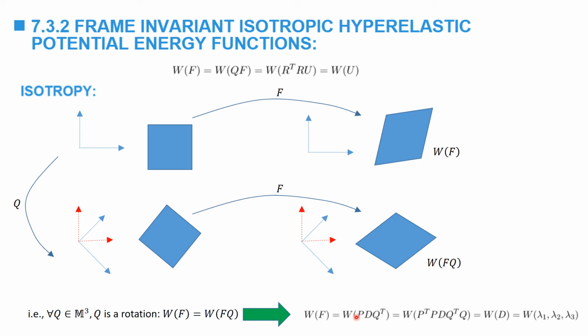Now recall that F can be written as P multiplied by a diagonal matrix multiplied by Q transpose, where D, the diagonal matrix, has diagonal components lambda 1, lambda 2, lambda 3, which are the principal stretches, or the positive square roots of the eigenvalues of F transpose F. And so this tells me that if I have an isotropic frame invariant hyperelastic material, I can simply write the strain energy as a function of these three numbers.